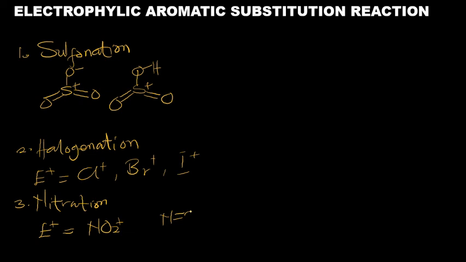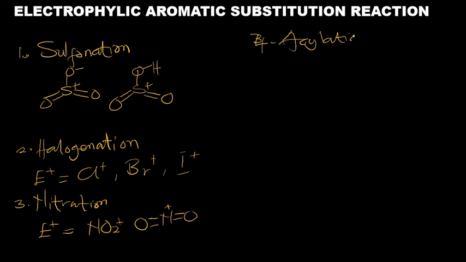What about acylation? Okay, this is for acylation. The electrophile is an acyl group for sure. So our electrophile is going to be R bonded to carbon, doubly bonded to oxygen with 2 lone pairs.